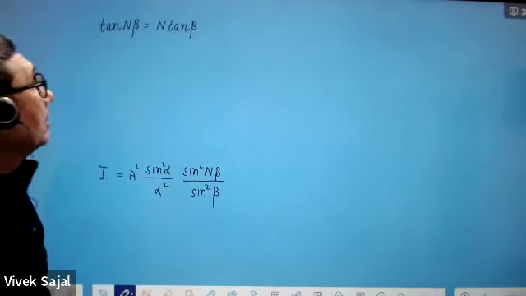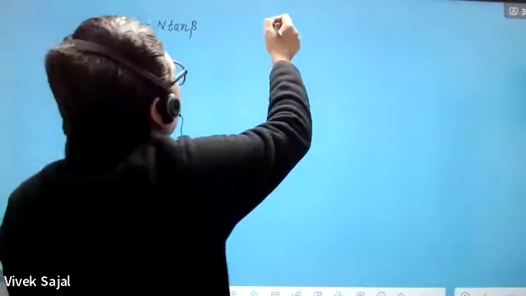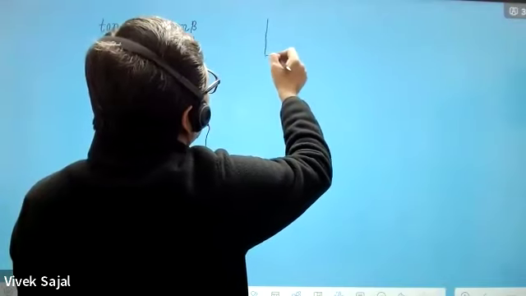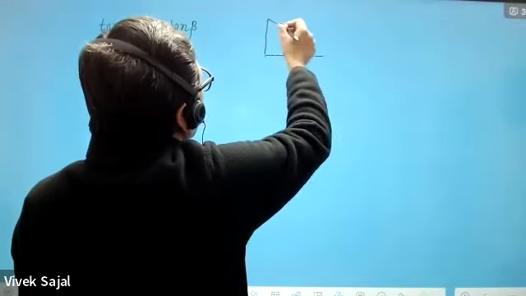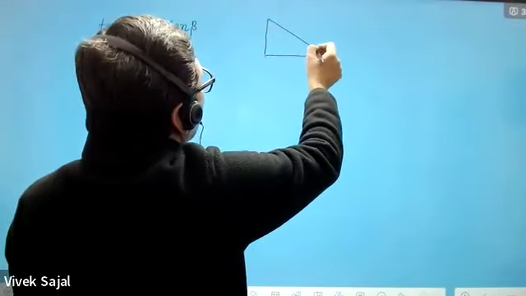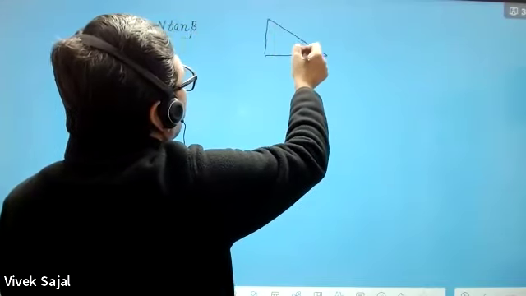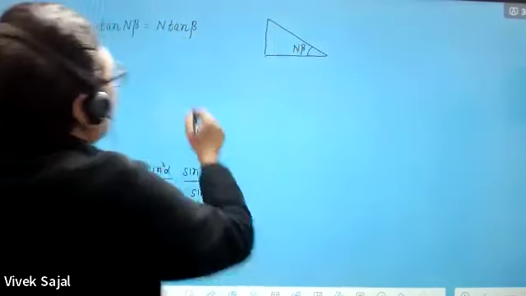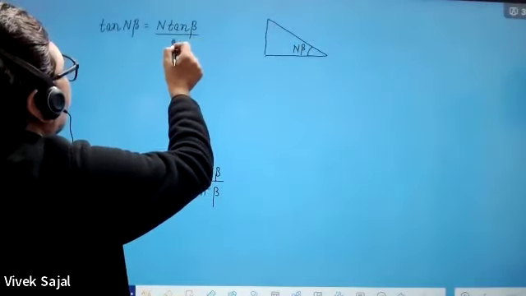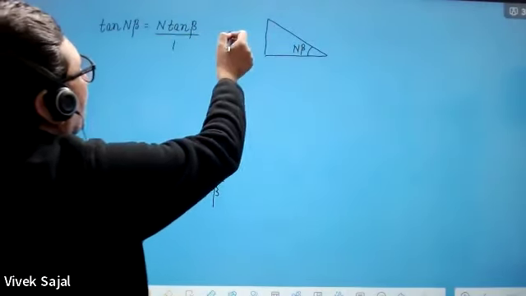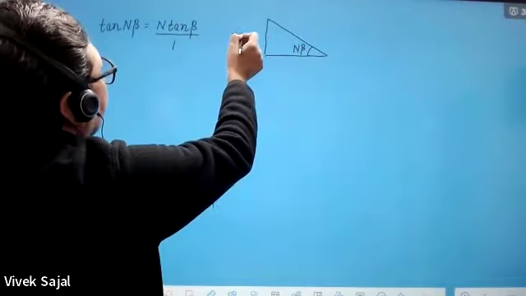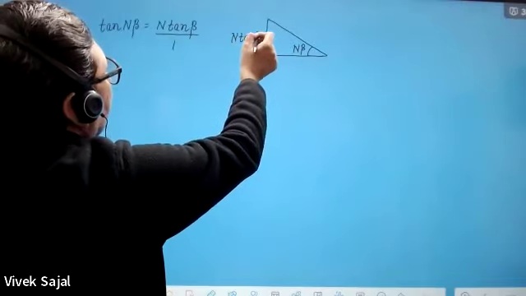Now, this is tan n beta, so use the basic trigonometric ratios. So if I say this angle is n beta, then I can write tan n beta is this. So this is the perpendicular, which will be n tan beta, and the base is 1.